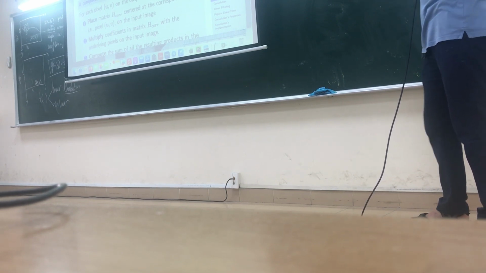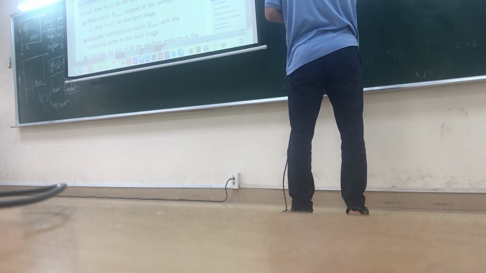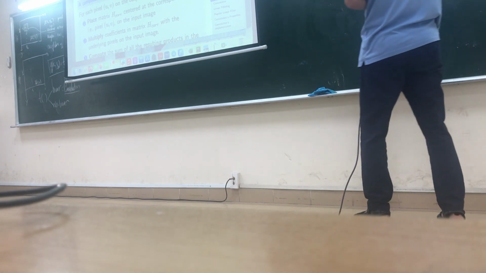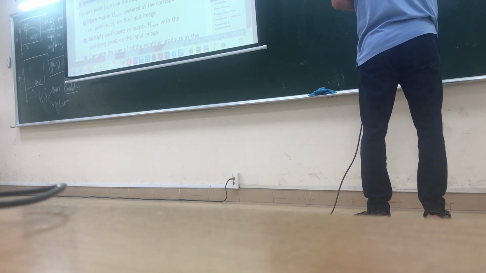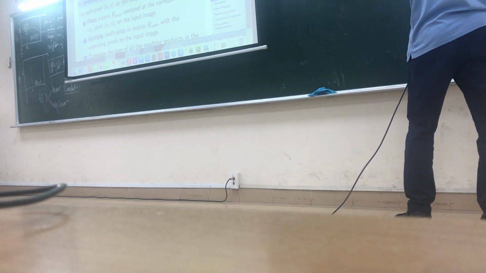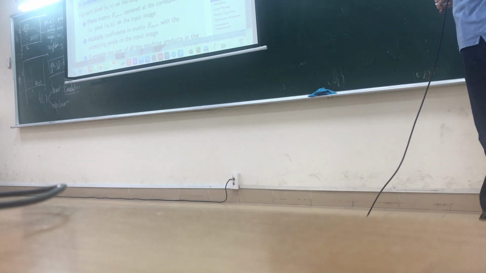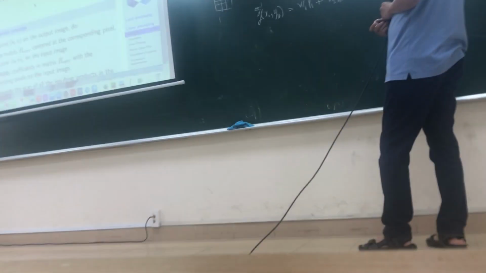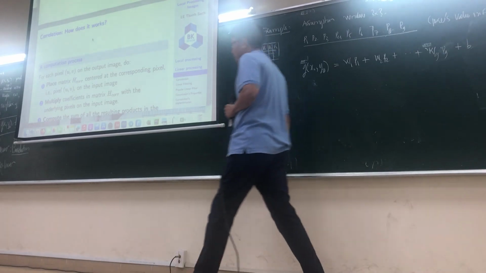Now what do I mean? The value G of S0 and Y0 equals W1 multiply P1, plus W2 multiply P2, and so on, plus a bias B. So what do I mean? PI is the pixel value.